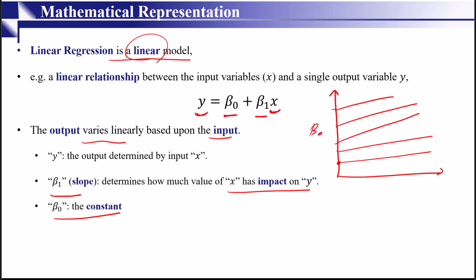The second property of the line is its slope. So the main objective in linear regression is to find these two, beta 0 and beta 1. Normally, an error term like epsilon is also added. So we can say y equals beta 0 plus beta 1 x plus epsilon.